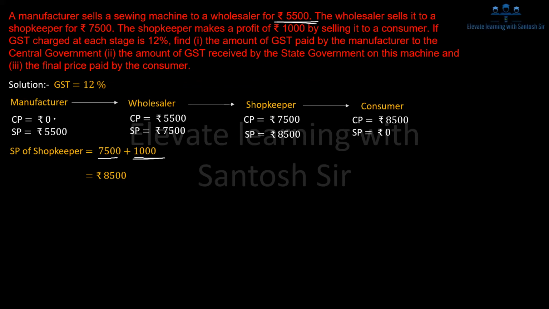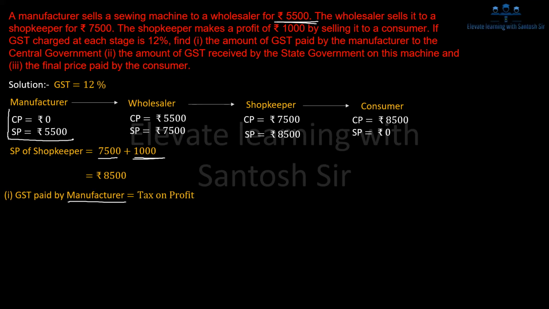Now, once you have made this chain and you have the CP and SP of all the people in the chain, the problem becomes very simple to solve. Let us start. The amount of GST paid by the manufacturer to the central government. Let us first calculate the net GST of the manufacturer. So GST paid by the manufacturer is nothing but tax on profit. Now how to get the manufacturer's profit?